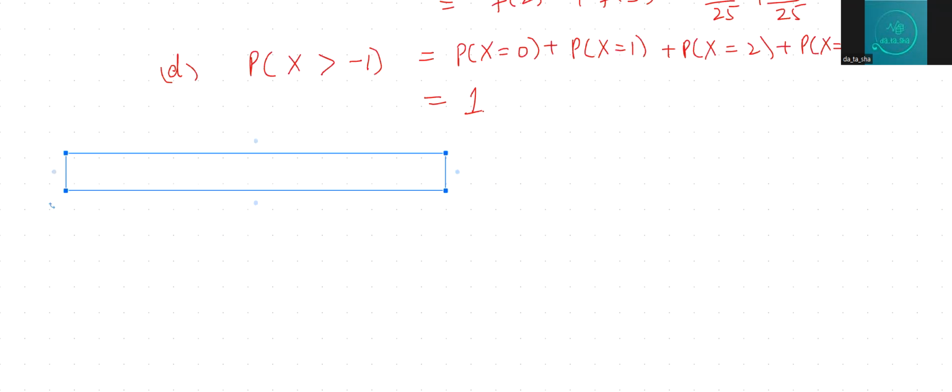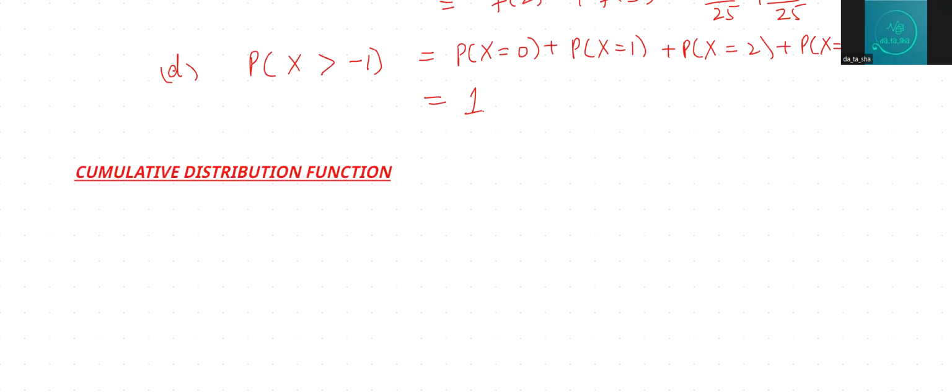A cumulative distribution function of a discrete random variable X is defined or denoted by capital F of x, which is equal to P of X less than or equal to small x.